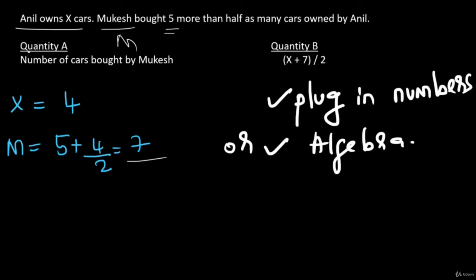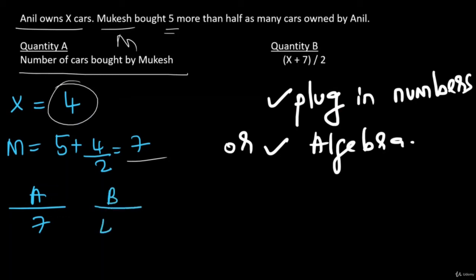Now in this case, quantity A is the number of cars bought by Mukesh, which is 7, and quantity B is (X plus 7) by 2, which would be (4 plus 7) by 2, which is equal to 5.5. So you can clearly see that quantity A is greater than quantity B. Therefore, the correct answer to this question is option A.